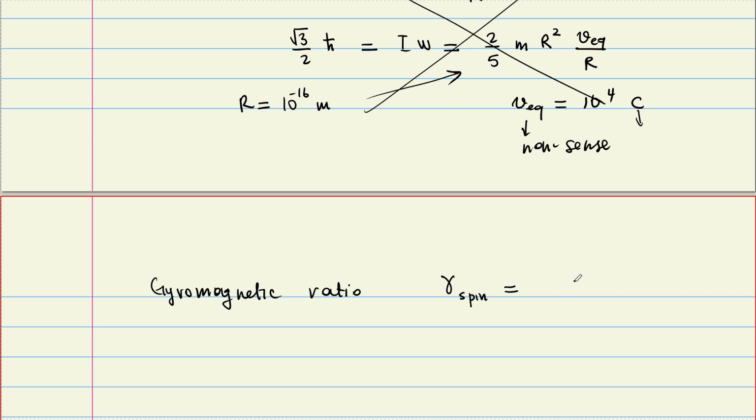It is going to be mu spin divided by L spin, and in this case, it's going to be S. And if we copy and paste what we found for the usual angular momentum, we are going to find e over 2m. But it turns out that's 50% wrong. So there's a so-called g factor here.